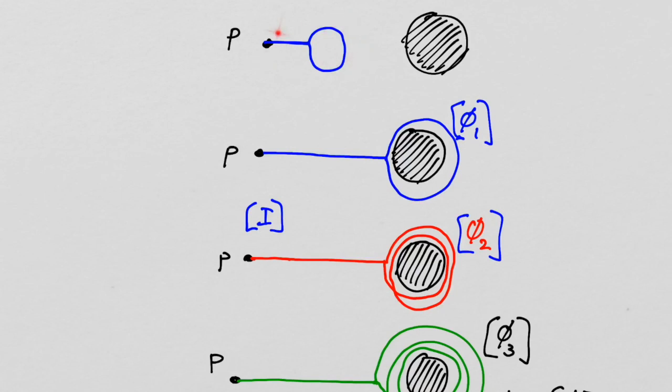What's important about this loop, which I'll call phi 0, is that it is homotopic to the constant loop.